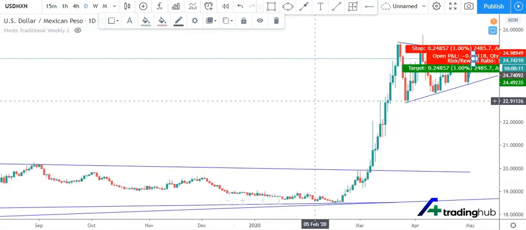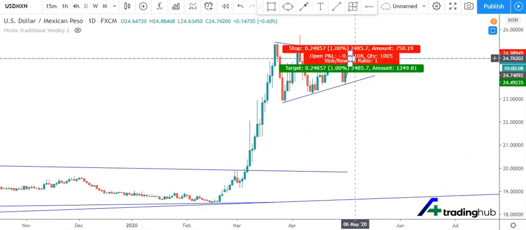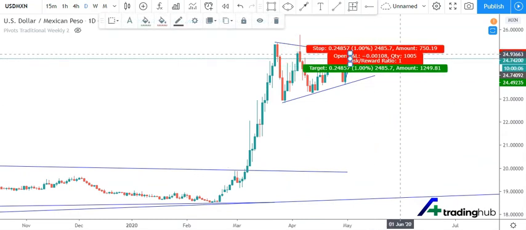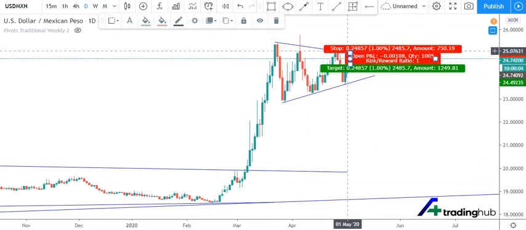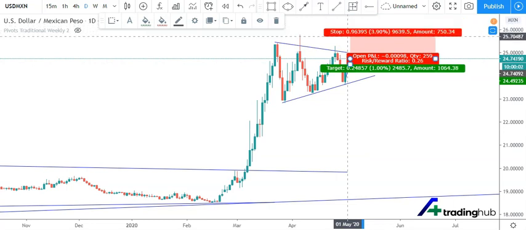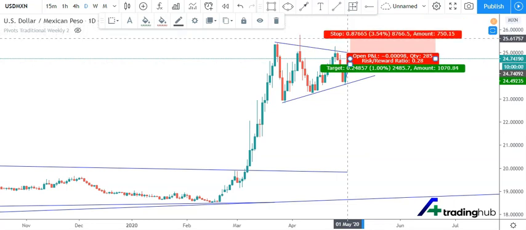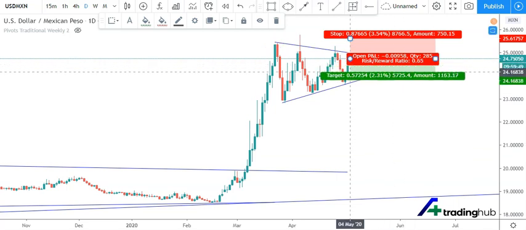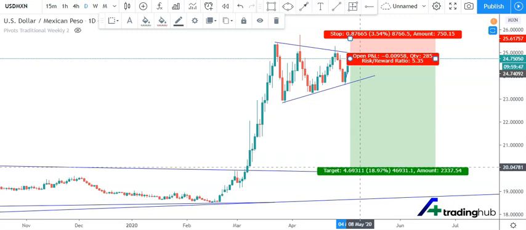We go back to the higher time frame. Our ideal position to place stop loss is at this high here. You place your stop loss around there within that zone. That is an ideal place to place your stop loss. Then your take profit will be way down here.